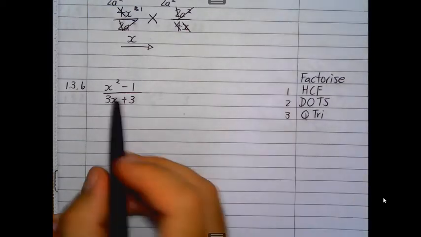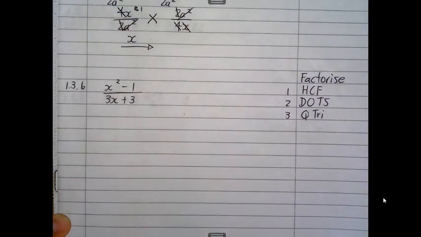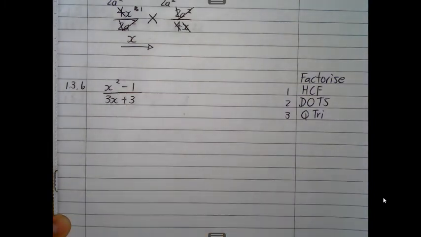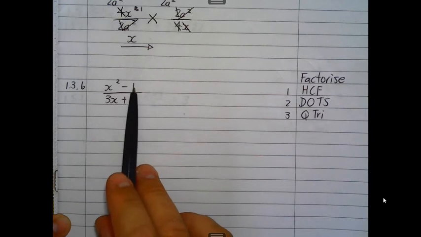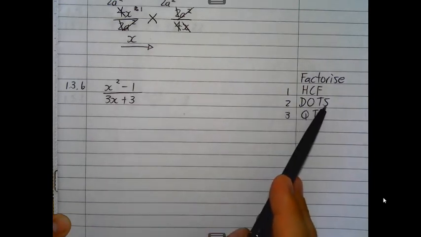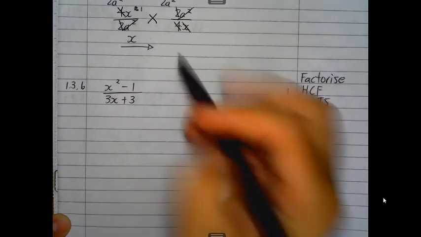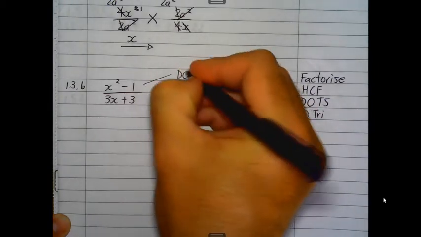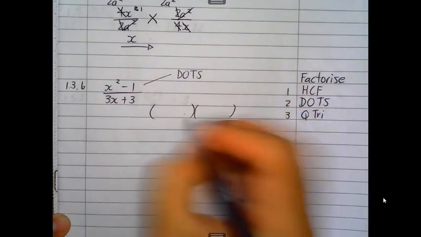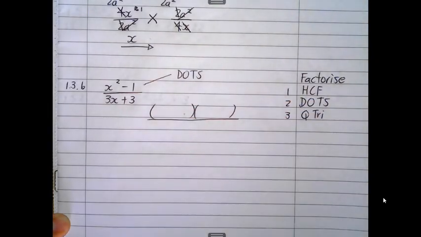Right. So what are we going to do at the numerator? Which of these three methods will apply to the numerator? Think about it. Highest common factor? No. Difference of two squares? Yes. The numerator is going to be a difference of two squares. So the process with difference of two squares is we're going to open up two brackets.